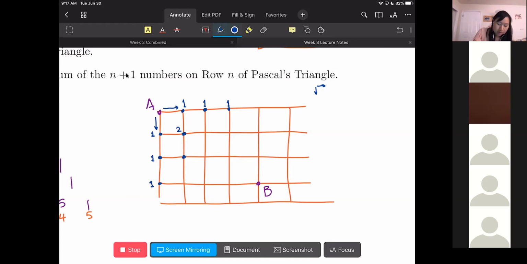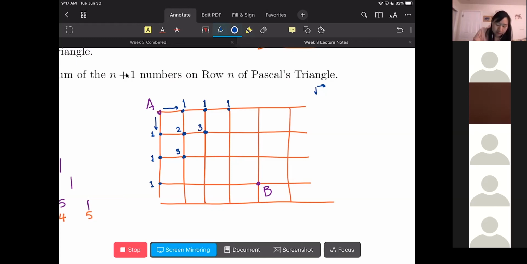But remember, there were 2 ways to get from A to this point. So there's 2 ways to get to this point that go through the 2, and then 1 way that goes through the 1. So the total is 3. And then what about this one? 3 as well.